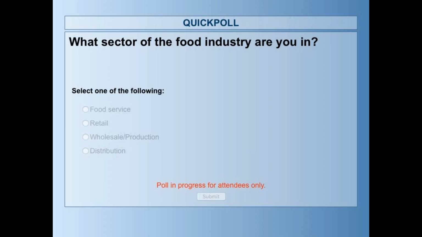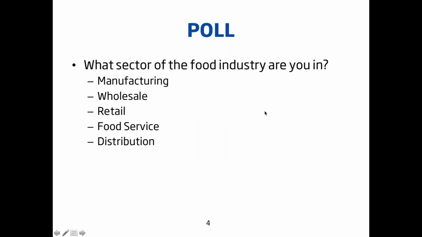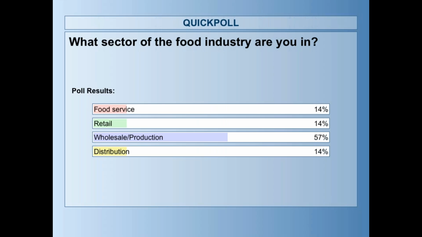Looks like it's split pretty well. All right, here are the results. We have 14% in food service, 14 in retail, 57 in wholesale production, and 14 in distribution. We definitely expected most of the bulk being wholesale, but I'm glad that we have a little bit of everybody.